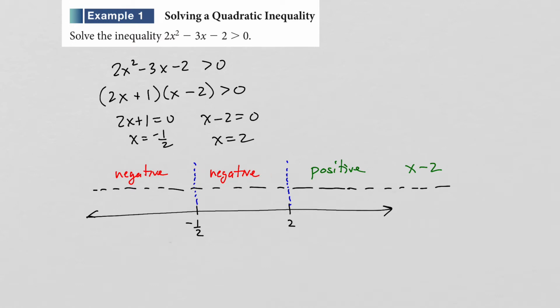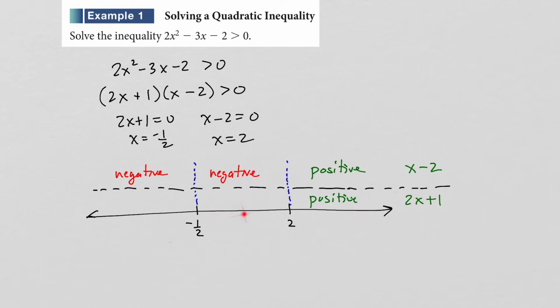Now let's do the same thing for the other factor, which was 2x plus 1. Is 2x plus 1 going to be positive or negative when you plug in a value bigger than 2? And again, just pick any value like x equals 5. If you plug in 5, 2 times 5 is 10 plus 1 is 11. So if I plug in any number that is bigger than 2, 2x plus 1 will be positive.